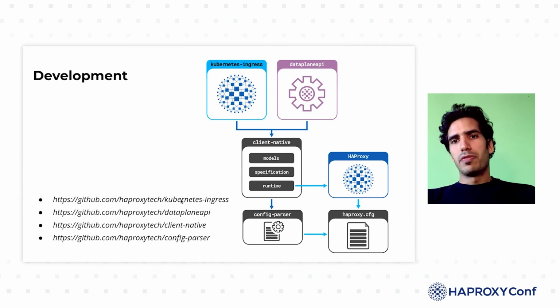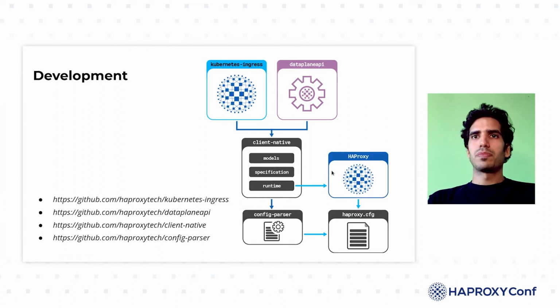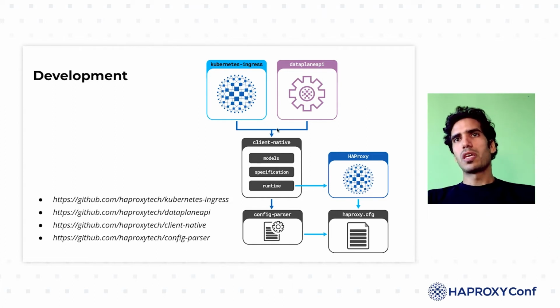In the client native project, we provide models to client native, and client native will update HAProxy configuration according to these models. And client native itself relies on config parser, which is the project that is responsible for parsing HAProxy configuration and making it available to the client native.